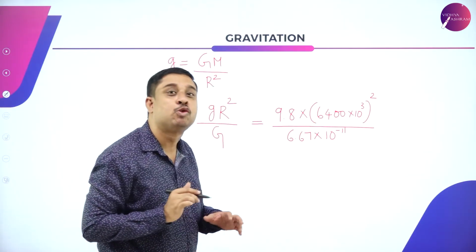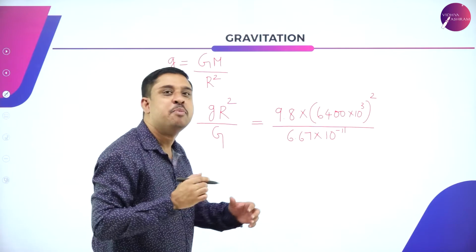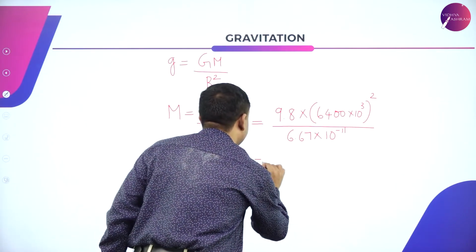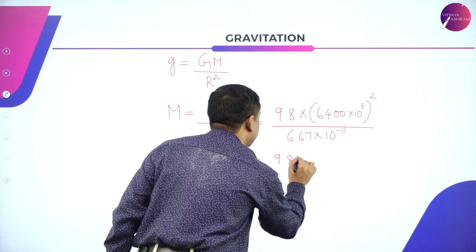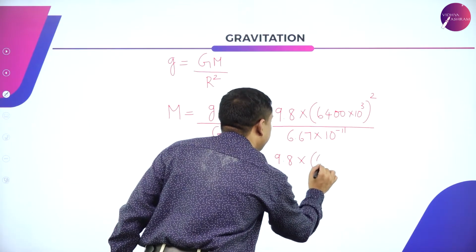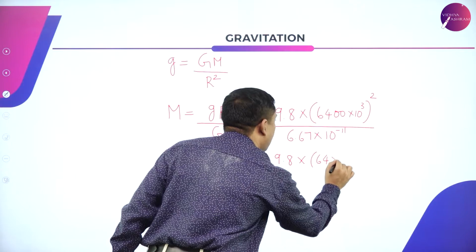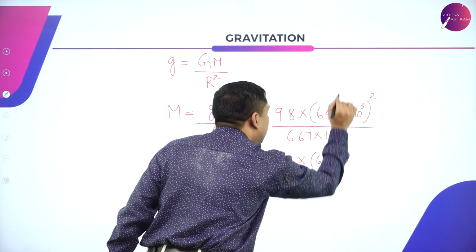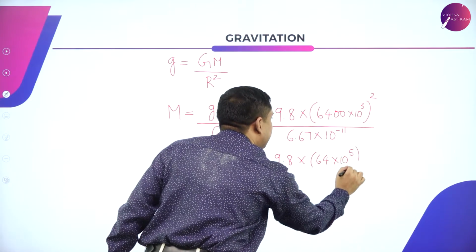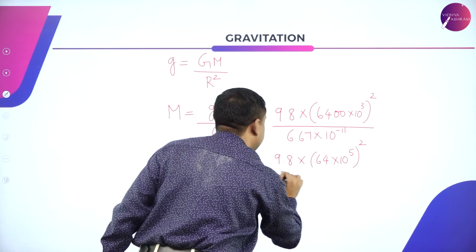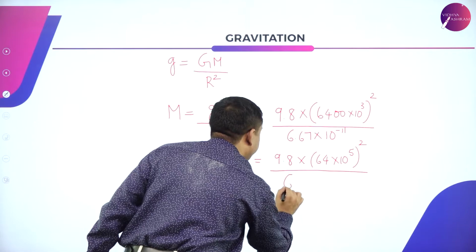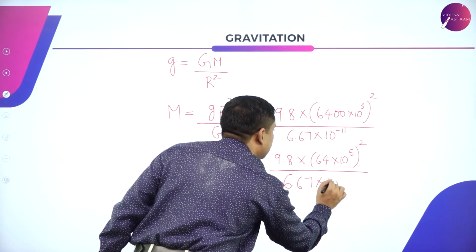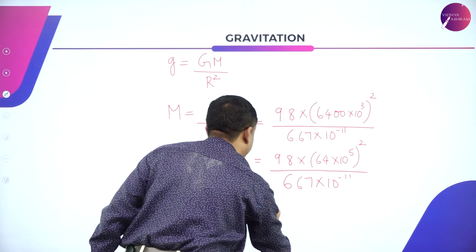Or to simplify it further, make it very simple. This is 9.8 into 64 into 10 to the power 5 whole square divided by 6.67 into 10 power minus 11.